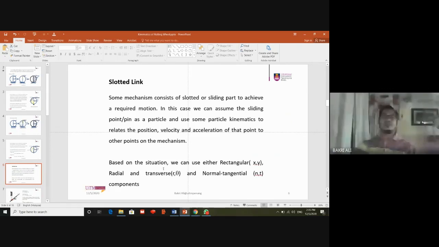Based on the situation, we can use either rectangular components xy, radial and transverse components r theta, or polar coordinates, and normal and tangential components. Sometimes we need to combine them. So that's why I say you need to understand the kinematics of a particle to solve this problem.